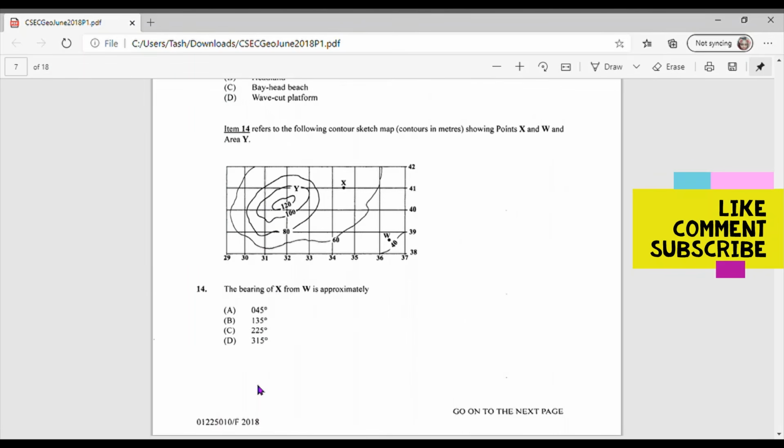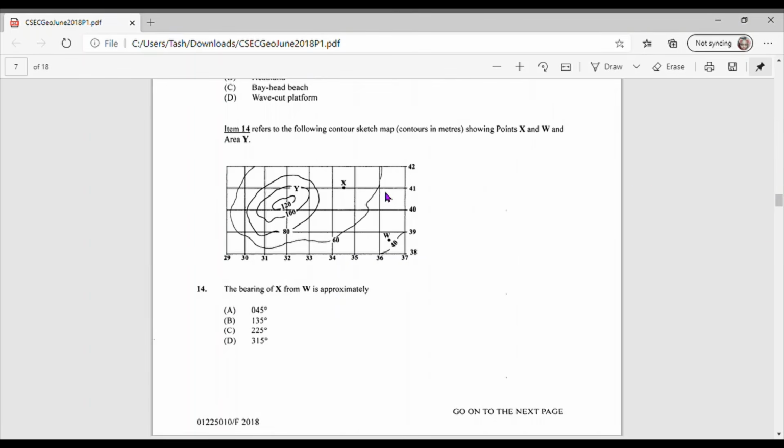Item 14 refers to the following contour sketch map. Contours are in meters, showing points X and W and area Y. The bearing of X from W is approximately, so it is the bearing of X from W. So W is our starting point. We would have drawn our north-south line right here.